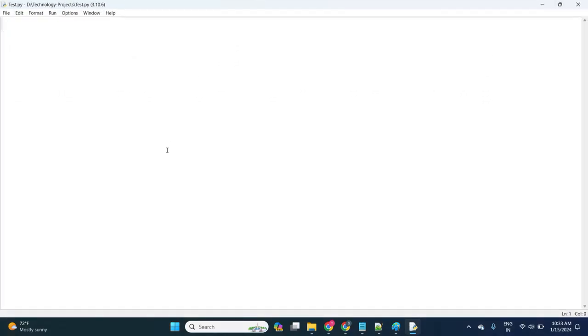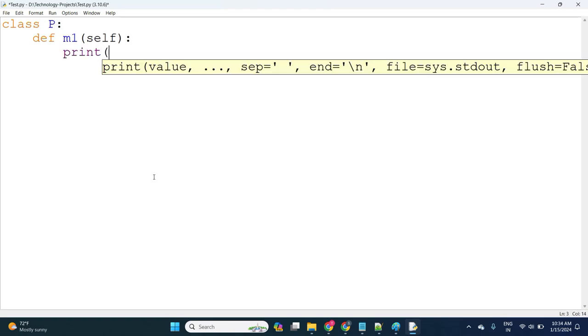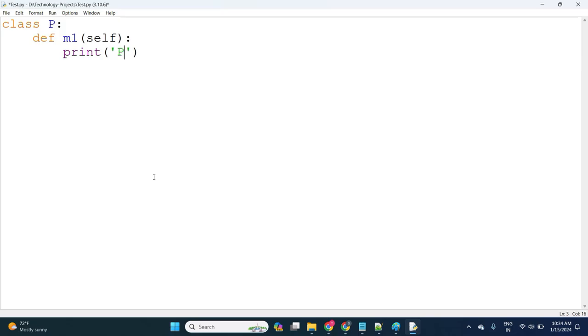I'm taking one parent class, and the M1 method, an instance method M1. Next, here I'm taking print parent method.